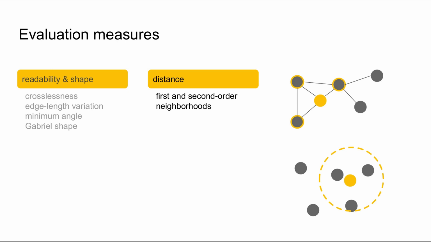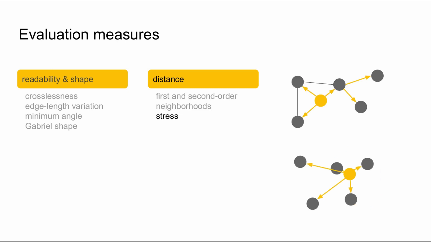Additionally, we measured the overlap of first and second order neighborhoods in the original graph and the embedding, as well as stress, which is the total mismatch of all pairwise distances, meaning graph-theoretic shortest path distances and Euclidean distances in the embedding.